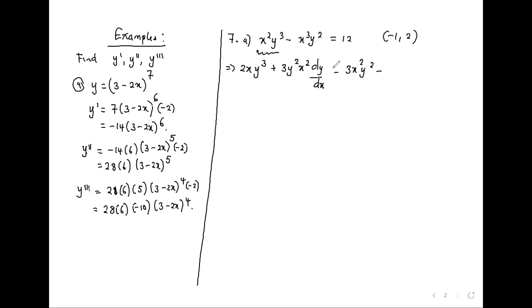Excuse me, sir. On the middle x, does it change or does it still remain x cubed? Before we differentiate, it was x squared here, so it remains x squared.